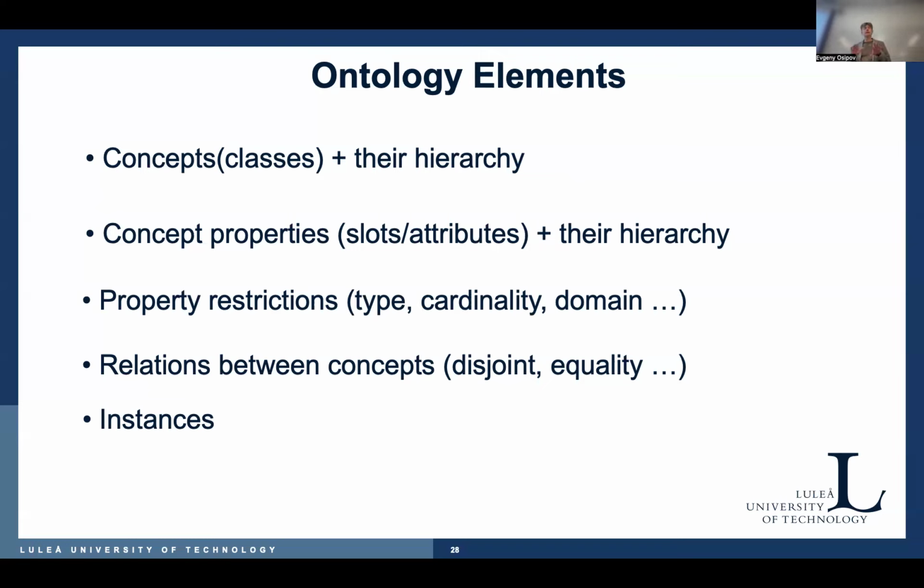They can be related concepts, like joint concepts, disjoint concepts. Concepts could be equal, etc. And then finally, at the bottom, we have individuals. When you fill in the questionnaire with the details, in terms of ontologies we talk about instances or individuals.